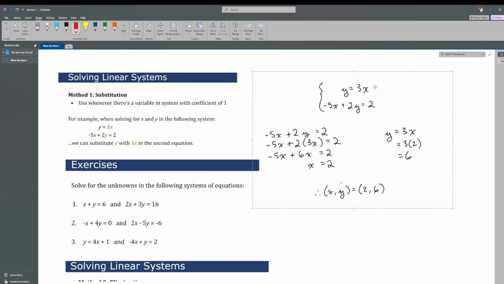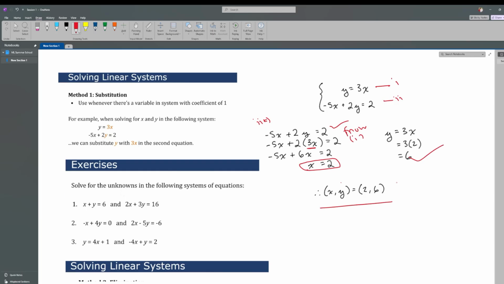We write equation 2 first, and then use the value from equation 1. We replace it here and we get x equals 2. Then from here y equals 3 into 2, which is 6. Great, that is the solution.